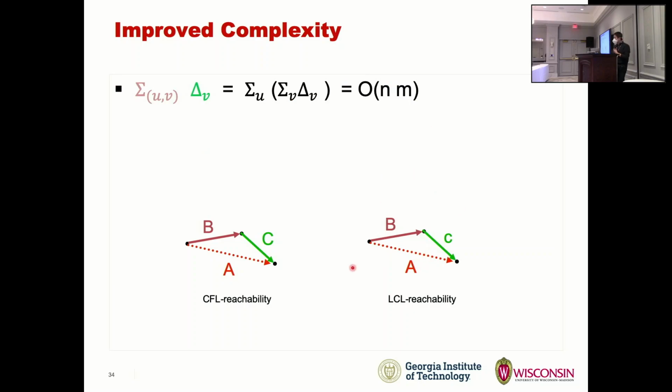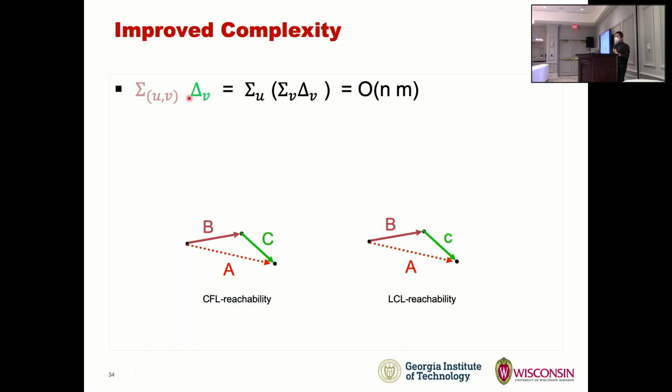So once we have this non-terminal edge B, we only need to look at the neighbors connected by the original graph, and of course, we need to do it twice, because we have two components in the LCL. And if we can do it twice, then we can conclude that there is another non-terminal edge A from these two nodes.